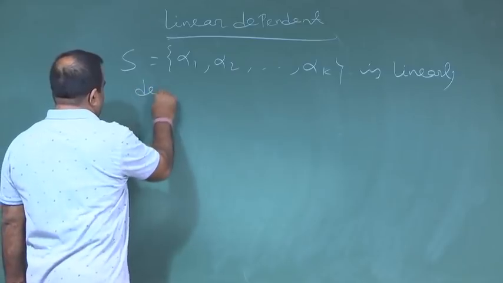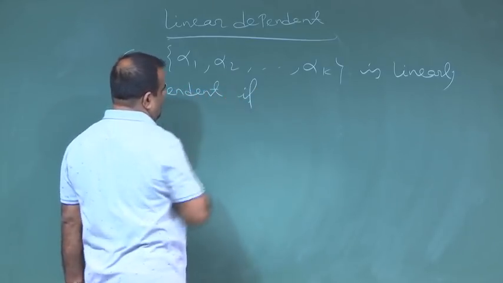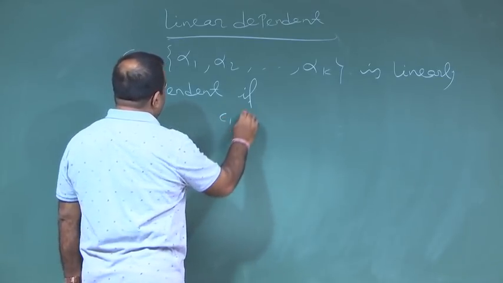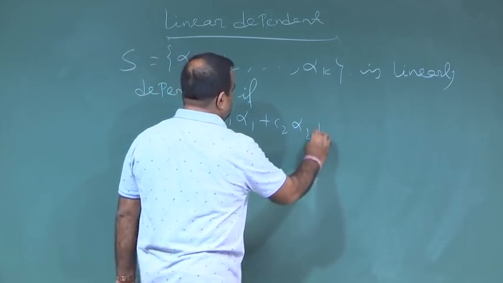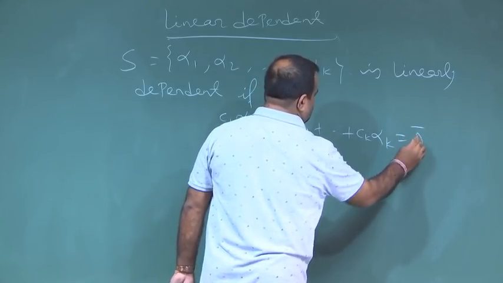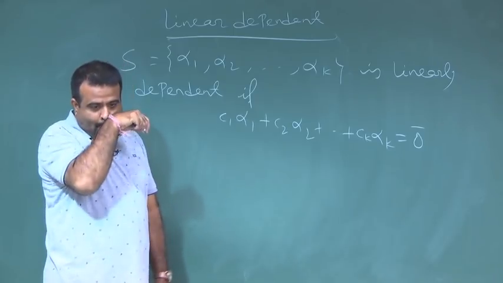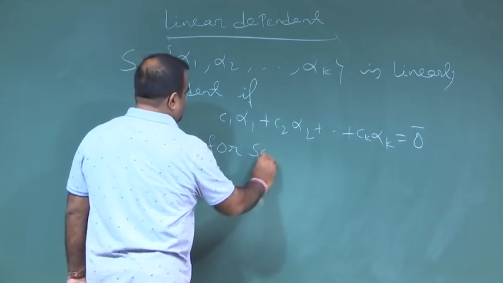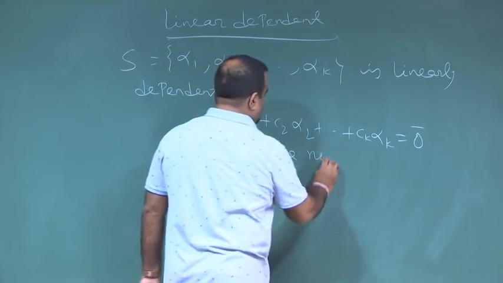So, these alphas are linearly dependent if we have a linear combination c 1 alpha 1 plus c 2 alpha 2 plus dot dot dot c k alpha k giving us the 0 vector, for some non-zero c i's.